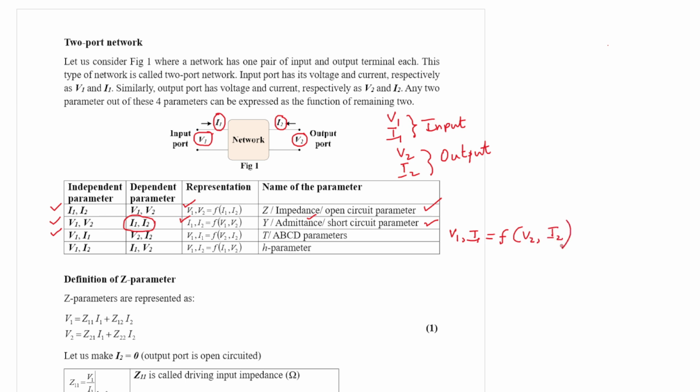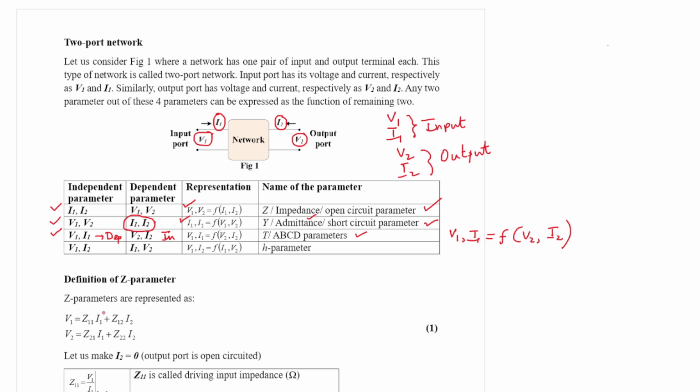So here V2 and I2 are the independent ones, and V1 and I1 are the dependent ones. That representation is called T parameter representation or ABCD parameter representation.